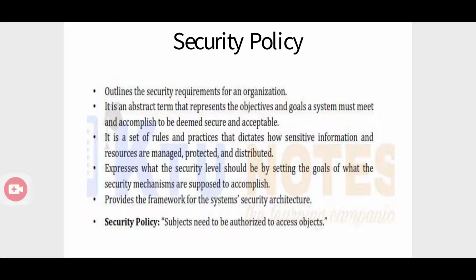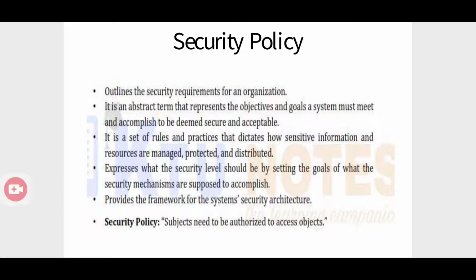These are the rules and practices that we use for giving protection to information. So it expresses what the security level should be by setting the goals of what the security mechanisms are supposed to accomplish.